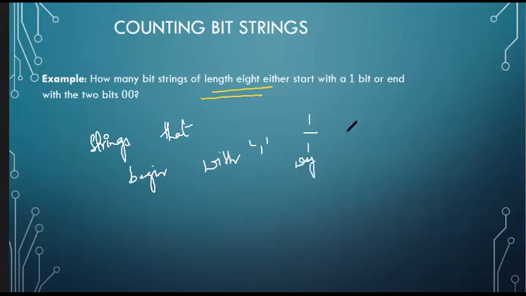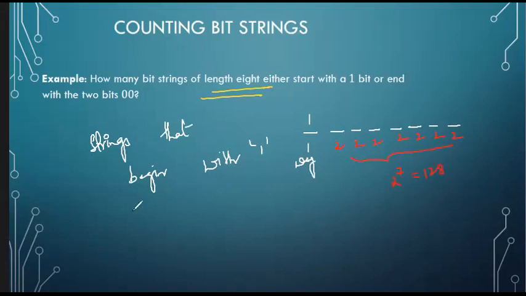Now what about the rest of these 7 bits? They can each be filled in 2 ways. So totally it will be filled in 2 power 7 ways, which is 128.